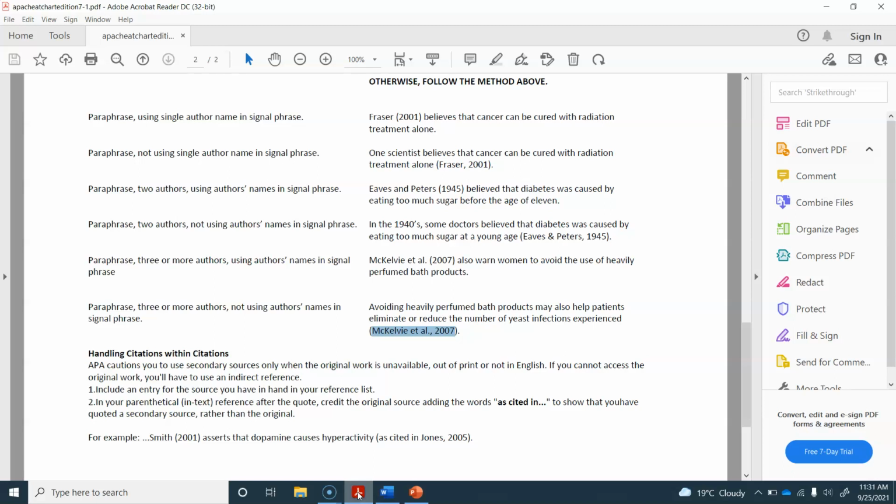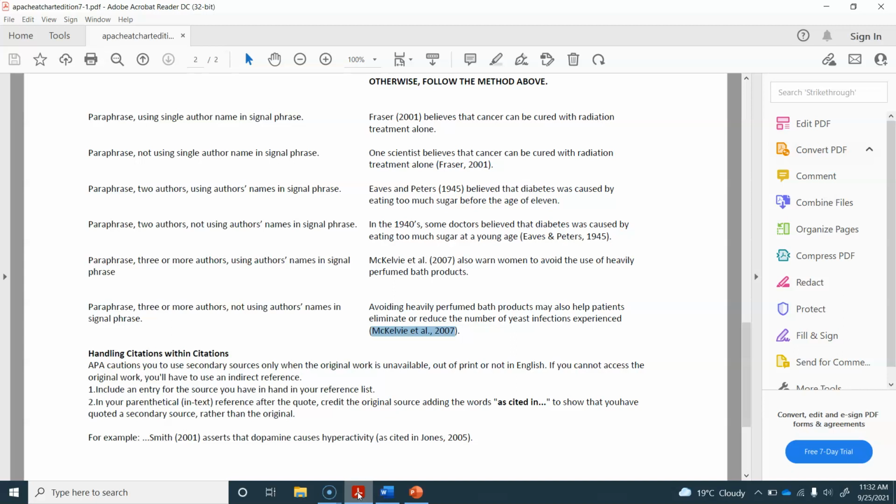Finally, the last thing that I want to cover is how you handle citations within citations. So sometimes you'll be looking at a research source and they are using APA themselves. So they are either direct quoting or paraphrasing other authors. Okay.